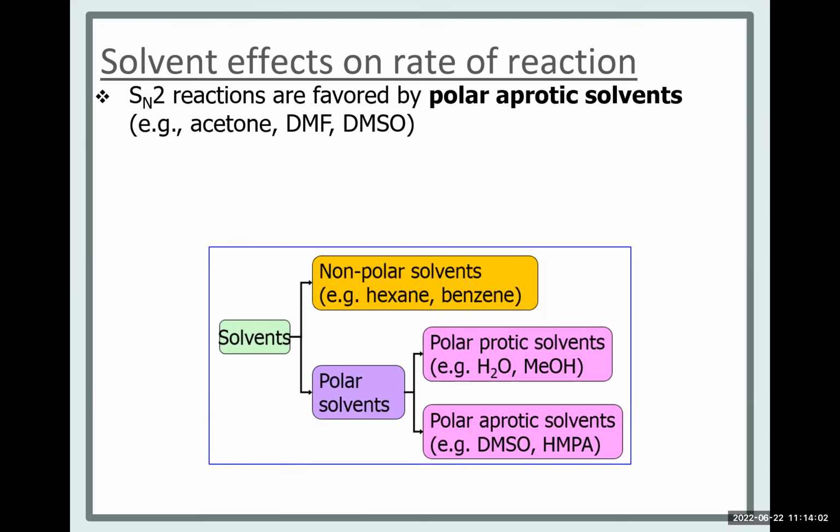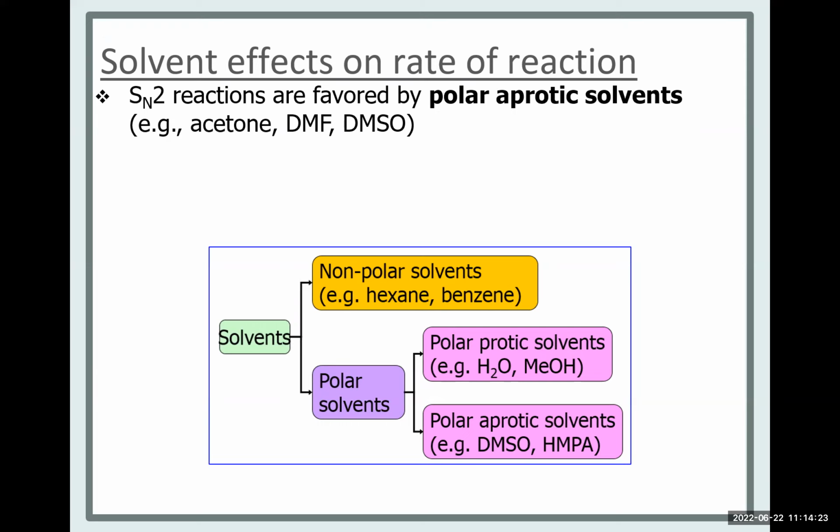So aprotic solvents are better. There is still some polarity, which allows the solvent to dissolve. If there was no polarity at all, the solvent wouldn't be able to dissolve the nucleophile or the substrate, right? So you have to have some level of polarity. Since we have to have some polarity, we're choosing polar aprotic so that we don't get hydrogen bonds.